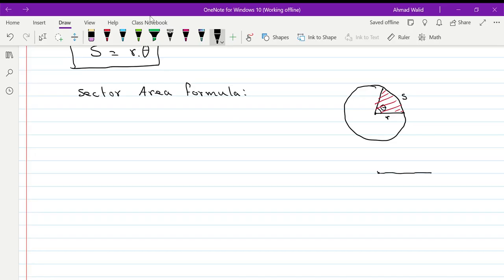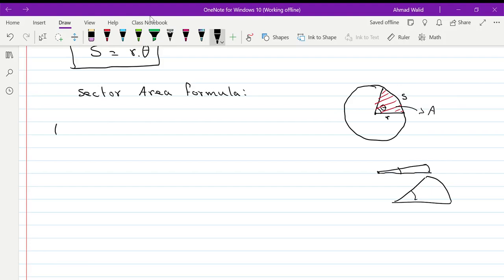It means the area, if I name it this area A, the area A of a sector is directly proportional to the measure of its central angle. If the measure of this angle is small, you get a smaller area sector. If this angle is bigger, you get a bigger area sector, correct?